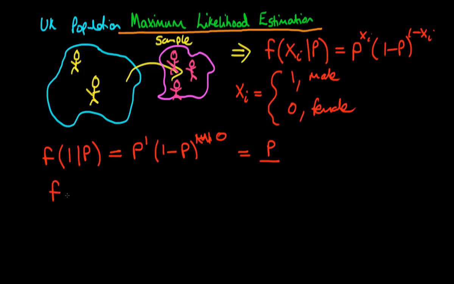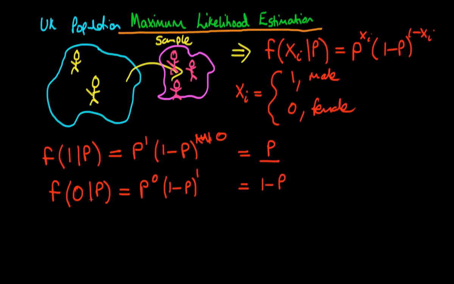Similarly, if we are thinking about an individual being female, this is a function of 0 given p, and this would just be given by p to the power 0 times 1 minus p to the 1 minus 0, so it's just 1 minus p to the power 1. Well, p to the 0 is just 1, so it's just 1 times 1 minus p.